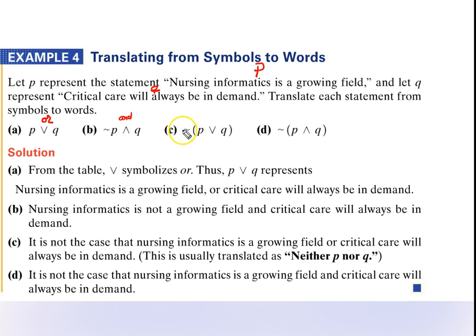So it is not the case. And then statement P, and what connective are you going to use here? Or, because that's similar to this one. And then again, it is not the case, because we're negating what's in here, this statement, and then the word and. Once you kind of fiddle with this a little, there are the words.